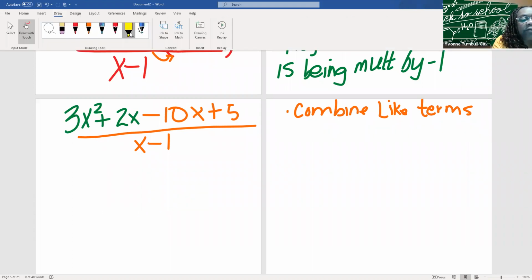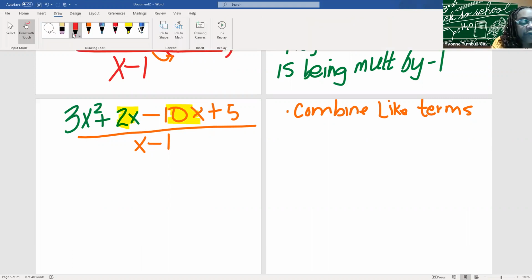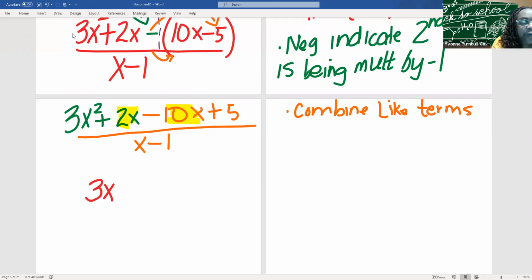I have a 2x and a 10x. They're like terms because they have the same variable and exponent. So 3x squared cannot be combined with anything. So that's going to say 3x squared. 2 minus 10 is 8. I teach when you're taking a big from a small, the answer is going to be negative, plus 5. And my denominator stays the same.